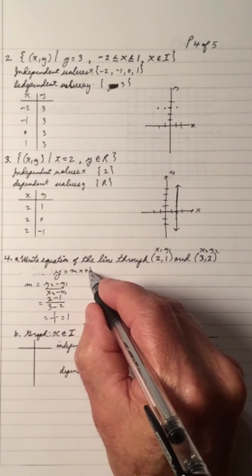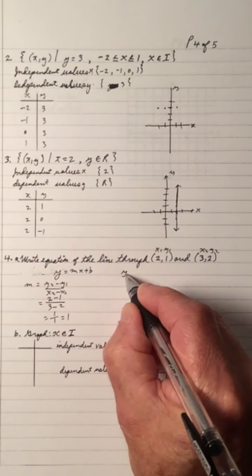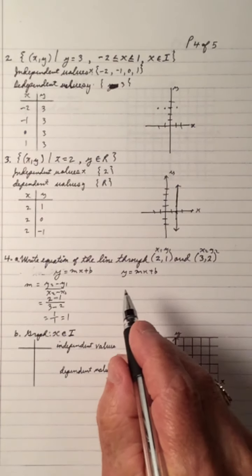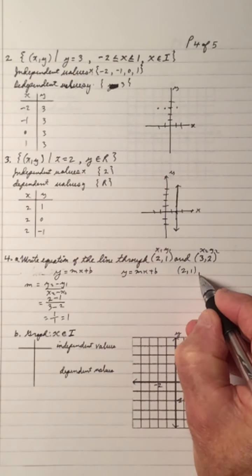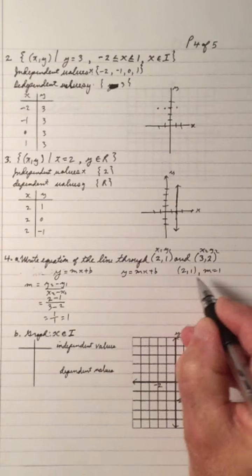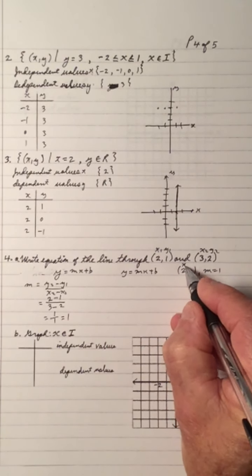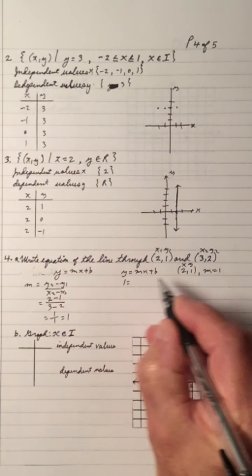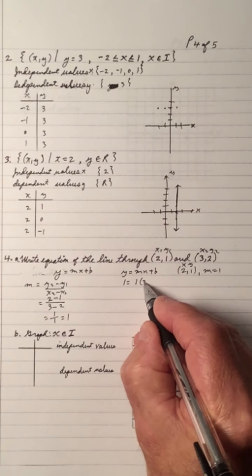Now I need to get the y-intercept. So if I write down the equation, y equals mx plus b, I'm going to use the point 2, 1, and I'm going to use the slope of 1 to fill in this equation. That's the x and that's the y. So y is 1, m is 1, x is 2.